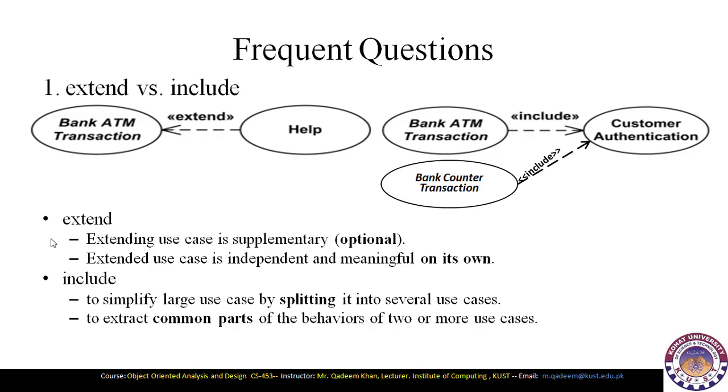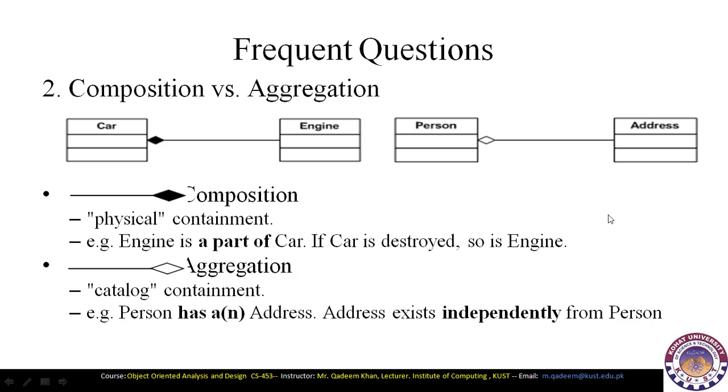And the include relation simplifies a large use case by splitting it into several use cases, and it in fact extracts common parts of the behavior of two or more use cases. So here you can see that this is the common part of these two use cases. So that is the extend and include relations.